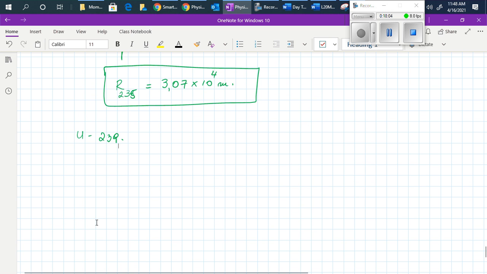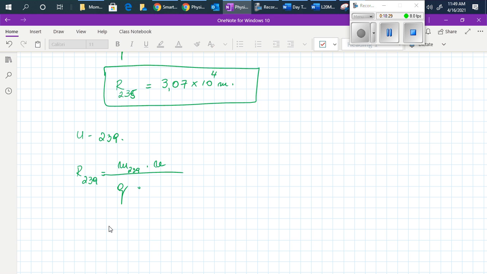I'm assuming that all of you are saying greater, because the mass of 239 is greater than the mass of 235. And since everything else is kept the same, then the radius of 239 will be mass of 239 times velocity over charge of 239 times B2.